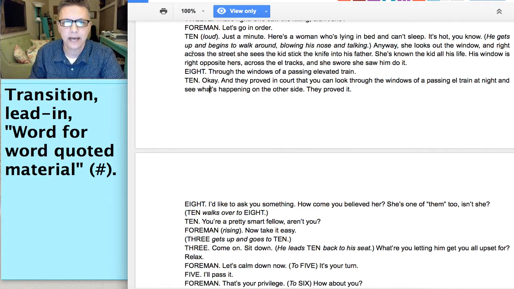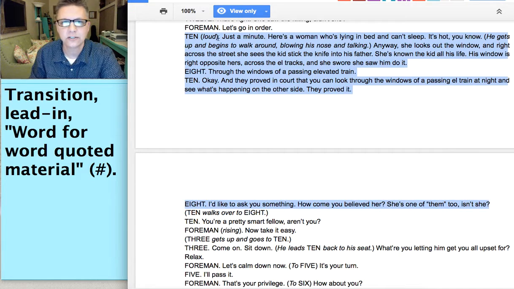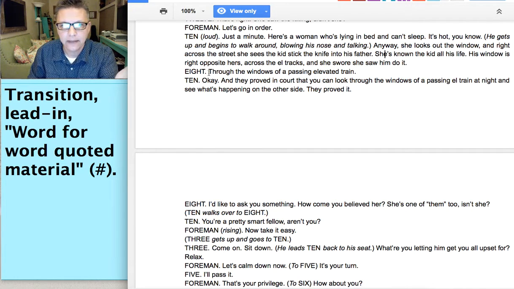So if we look in the play, we have this exchange here between 10 and 8. 10 is just retelling this old woman's testimony as though she is totally reliable, right? And 8 is like, well, wait a second, because earlier in the play, 10 had gone on this rant about how he does not trust people that are from the slums, that you can't trust a single one of them.